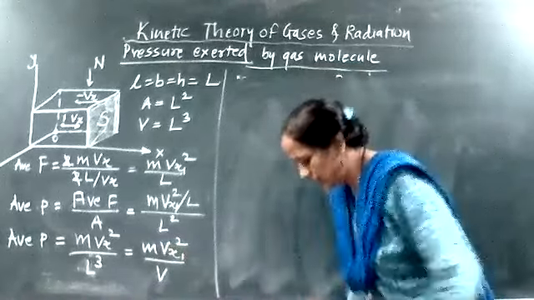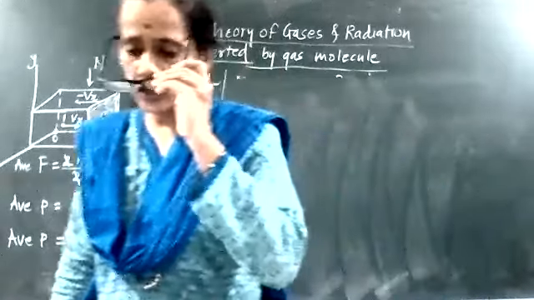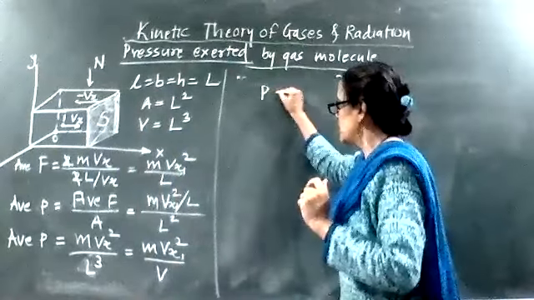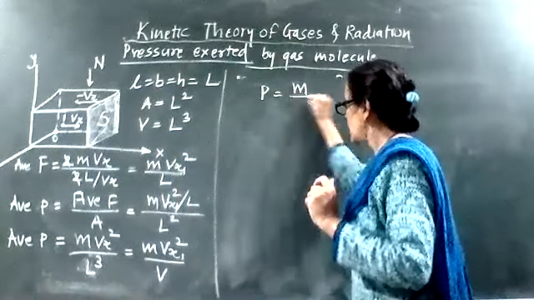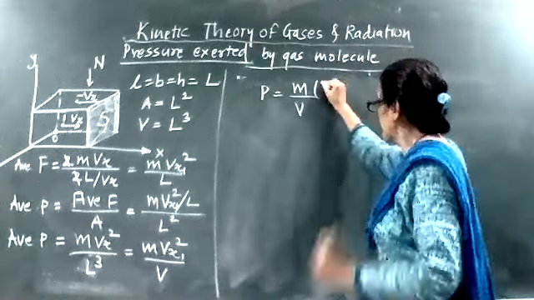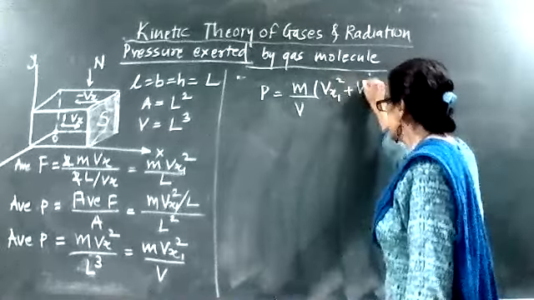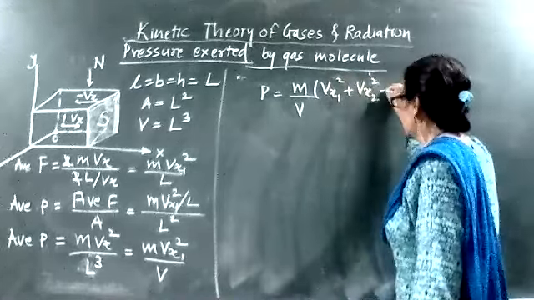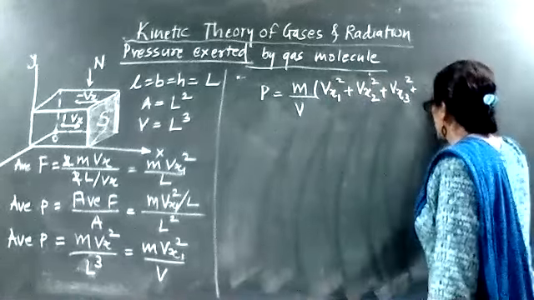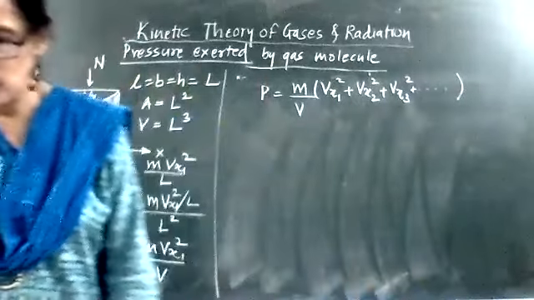Therefore, I will call the pressure P equal to m divided by V, into the bracket: Vx1 square plus Vx2 square plus Vx3 square, like that for the number of molecules. That is nothing but the pressure.